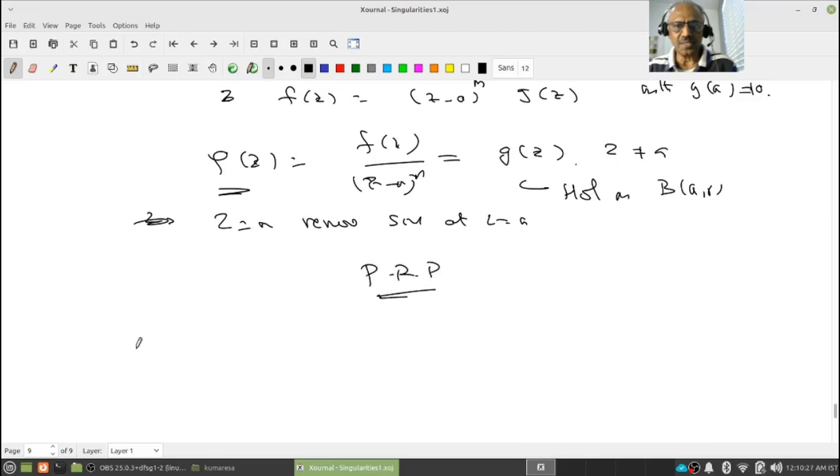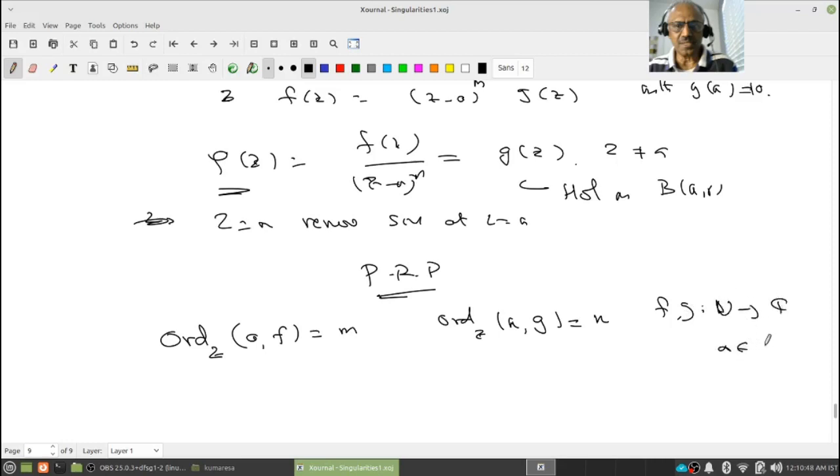Now we can go one step further. With that I will stop. Now suppose, I don't want to write everything. I think all of you understand what I want to say. f and g are holomorphic functions from an open set U to C. a is contained in U, and a is an isolated zero of f as well as g in B-bar; it will be B-bar 1 and B-bar 2.